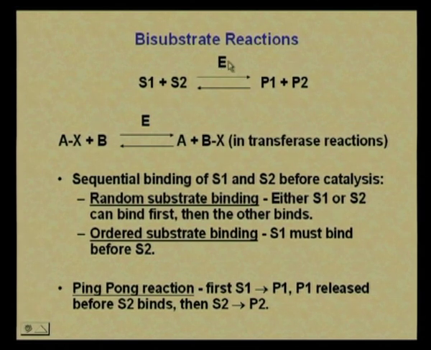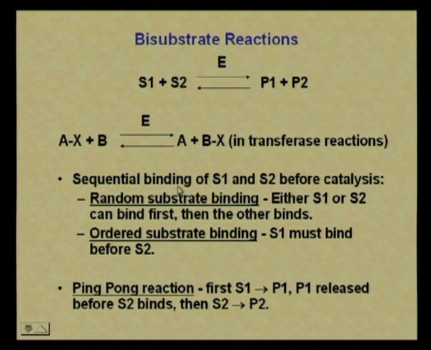Okay? So, the enzyme has to form the enzyme substrate complex. Now, you could have the formation of what is called a ternary complex. What do we mean by a ternary complex? Where we have 3 components in the complex. What are these 3 components then? It is the enzyme, S1 and S2. Now, how are S1 and S2 going to bind to E?